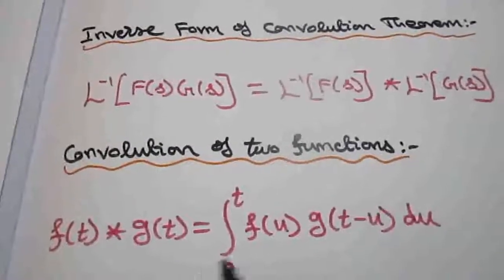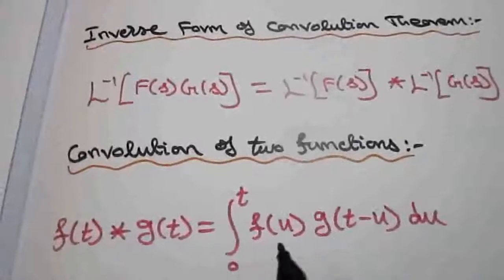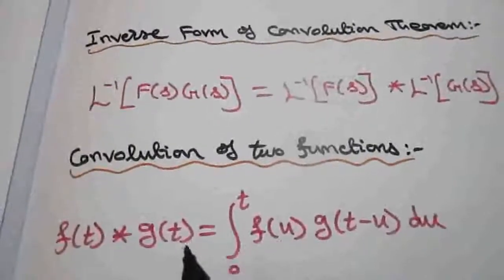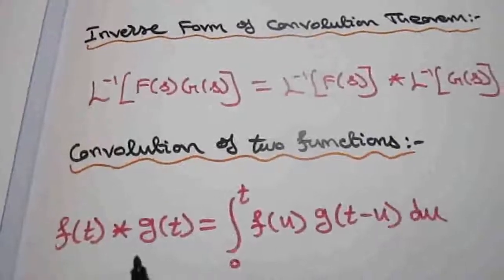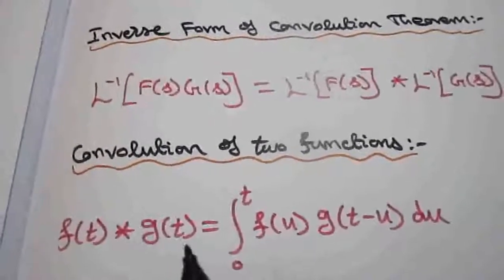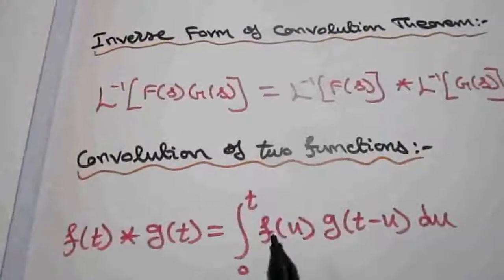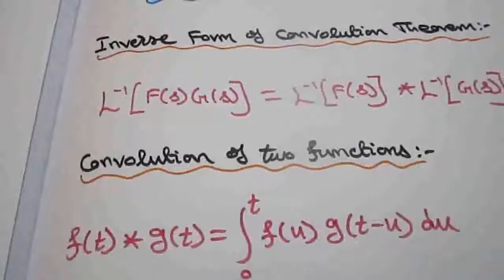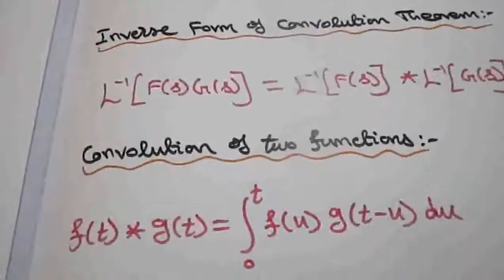The formula can be memorized like this: in the first function, t is replaced by u, and in the second function, t is replaced by t minus u, into du.